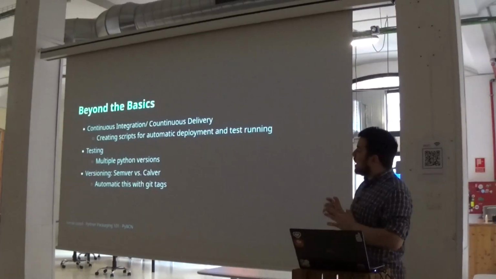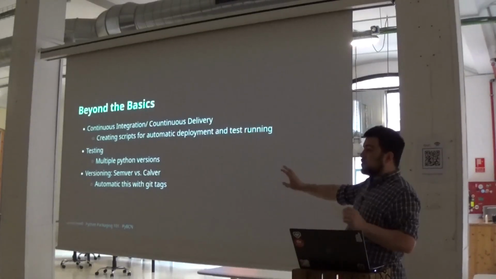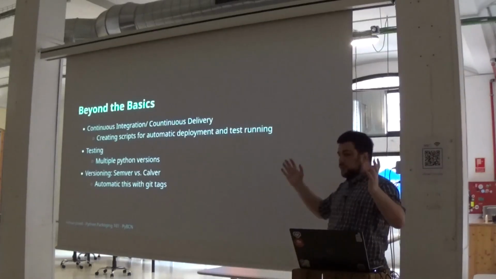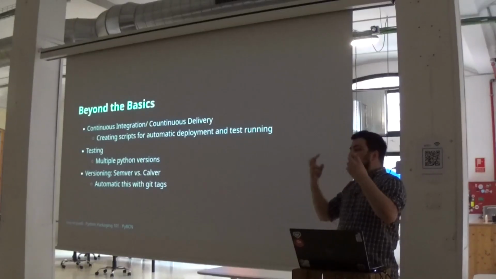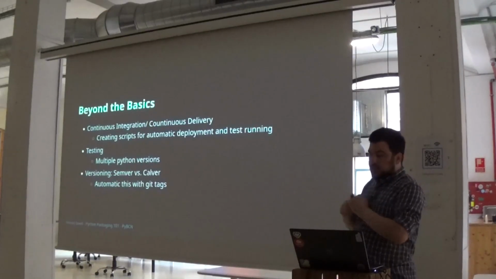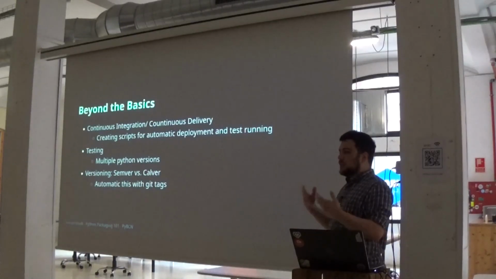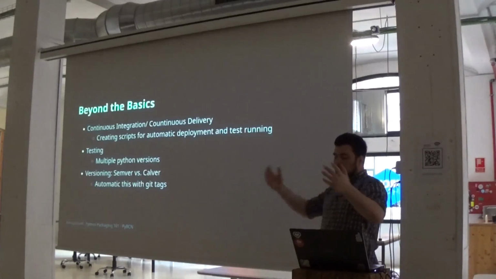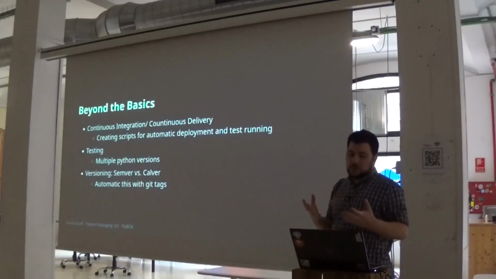And then, of course, I talked about versioning briefly before, and basically, if you do not know how to version packages, there are two main schools of thought. One is Semver or semantic versioning, and another is Calver or calendar versioning. They are different, and you can go check what each of them means, but it's very simple.